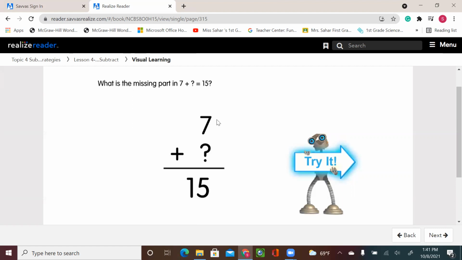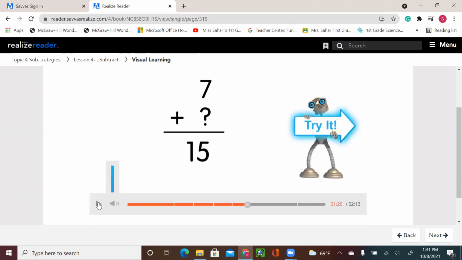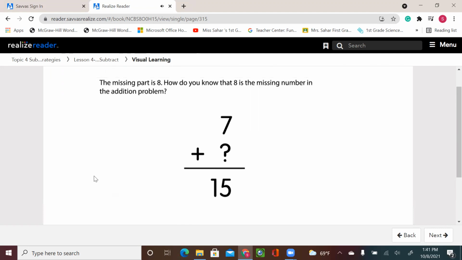We have the number that if I add it to 7 equals 15, which is 8. The missing part is 8. How do you know that 8 is the missing number in the addition problem? You know that 8 is the number you add to 7 to make 15.